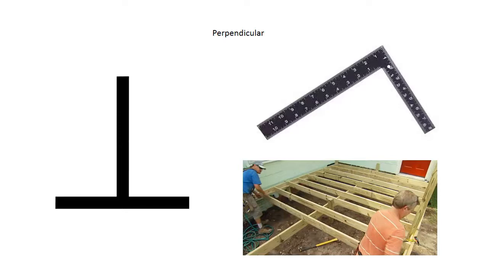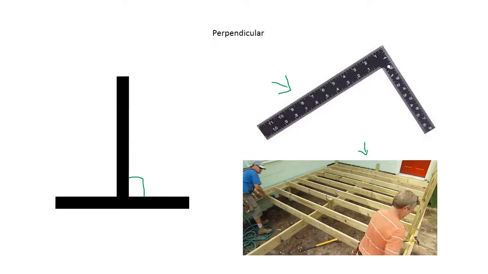All right, moving on to perpendicular. Perpendicular means it's a 90-degree angle. It's a square. And this thing over here is actually called a carpenter's square. And he uses it to measure things like his deck to see if it's actually a 90-degree angle or not.